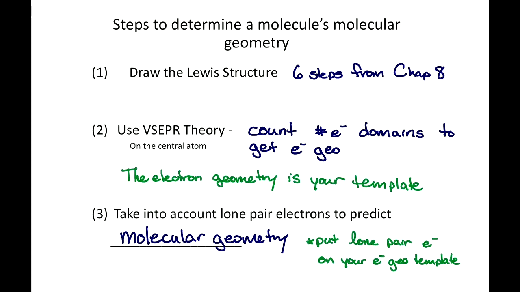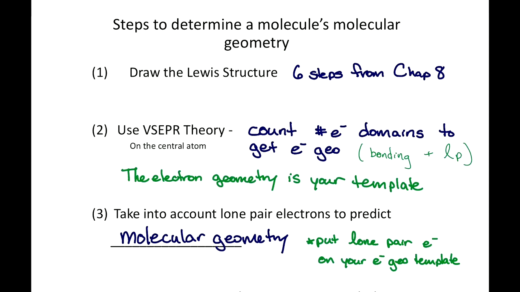Then to figure out the geometry, we want to just focus on the central atom, and count how many domains are around that central atom. So we count the number of electron domains to get that electron geometry. Again, this means we count bonding domains and lone pairs to get that number. And then that's how we get our parent geometry. That's our template.